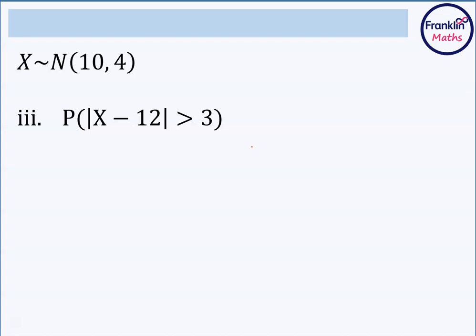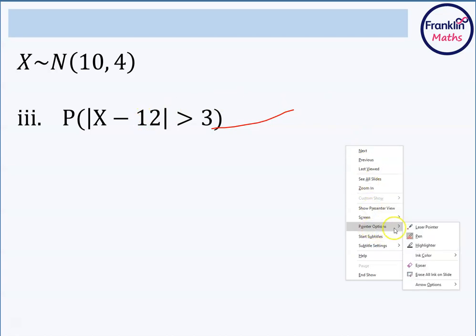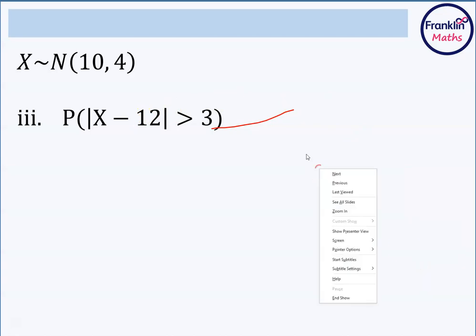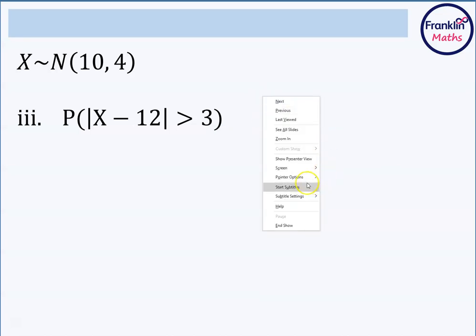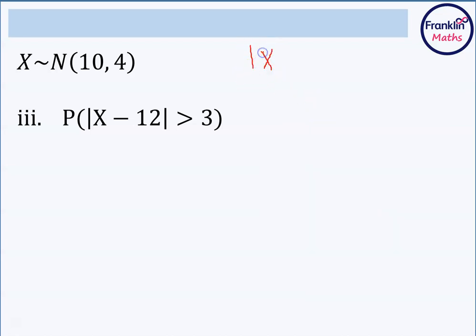Now, what this sort of means is which numbers are more than 3 away from 12. So I'll cover that first. I'll just delete that. Okay, so what you guys are expected to do in your exam is, first of all, let's have probability of modulus of X minus 12 is greater than 3.